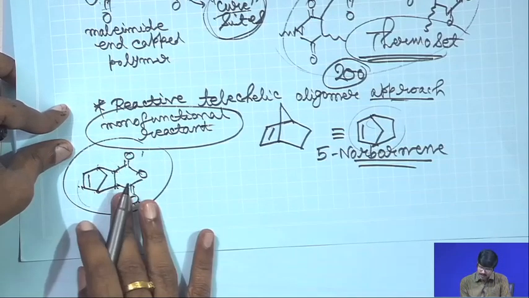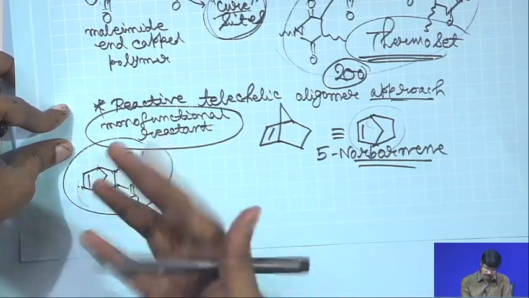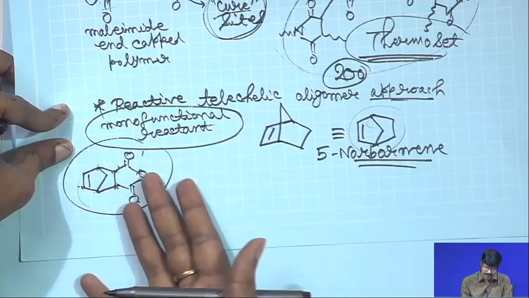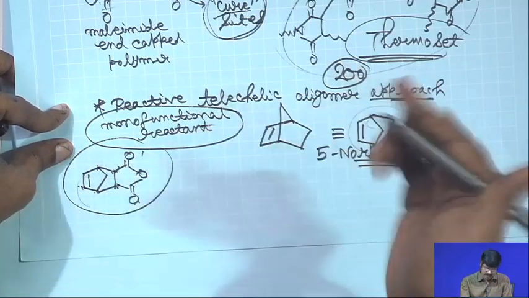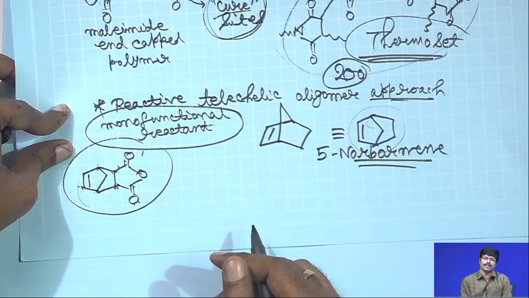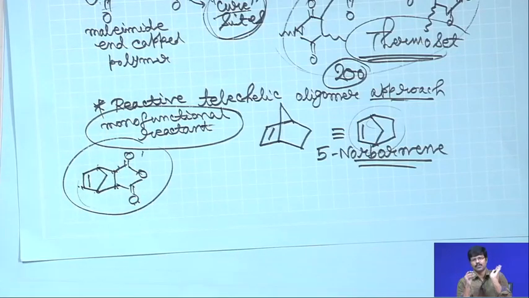Now, this molecule, if you include as a monofunctional reactant in your polymerization reaction between a dianhydride and a diamine. Let us say you are making an imide, polyimide. So, you are reacting a diamine with a dianhydride. Okay. We have talked about it in detail before. Along with these two reactants, you add this particular monofunctional reactant.